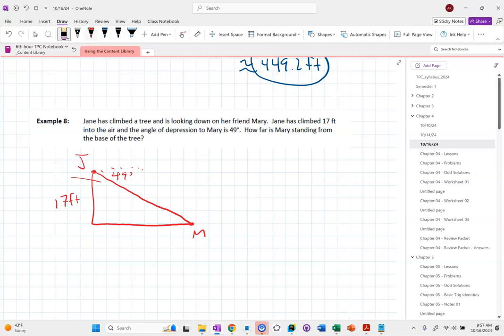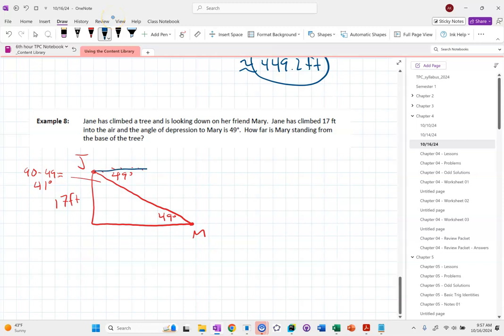So what is that angle supposed to be there at J? So it should be 41, or you could use alternate interior angles and label angle M as 49.